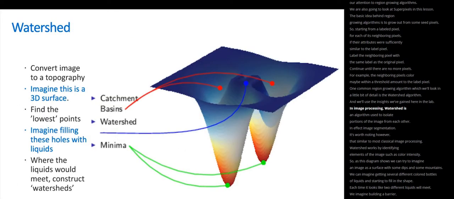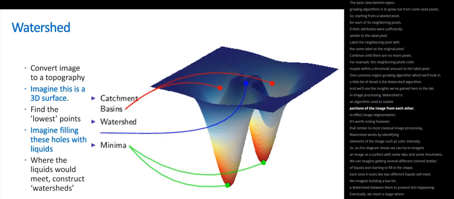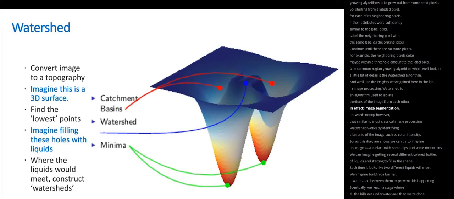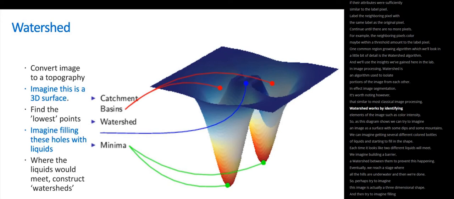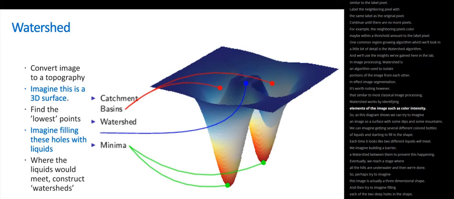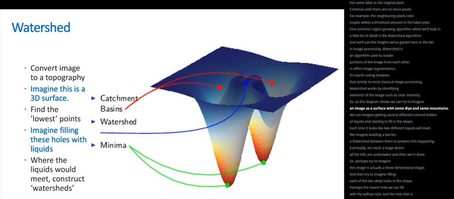In image processing, watershed is an algorithm used to isolate portions of the image from each other, in effect image segmentation. It's worth noting, however, that, similar to most classical image processing, watershed works by identifying elements of the image such as color intensity. As this diagram shows, we can try to imagine an image as a surface with some dips and some mountains.